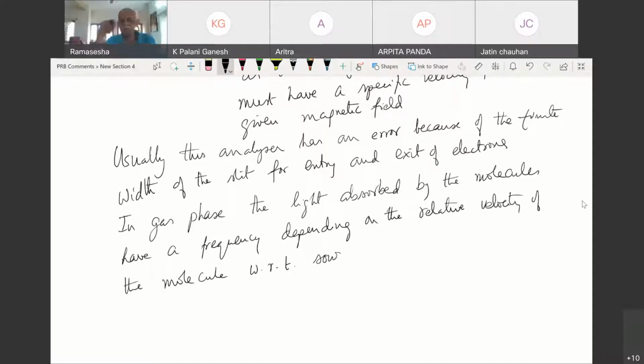So if it is moving away from the source, then the frequency will shift downwards; moving towards the source, then the frequency will become higher. And so the energy itself of the light beam that is actually hitting the molecule is going to be altered. Okay, so this is one of the things that will happen. So this also gives rise to spreading.